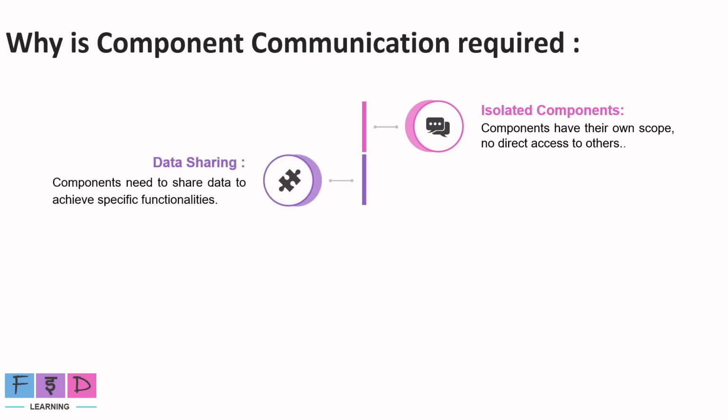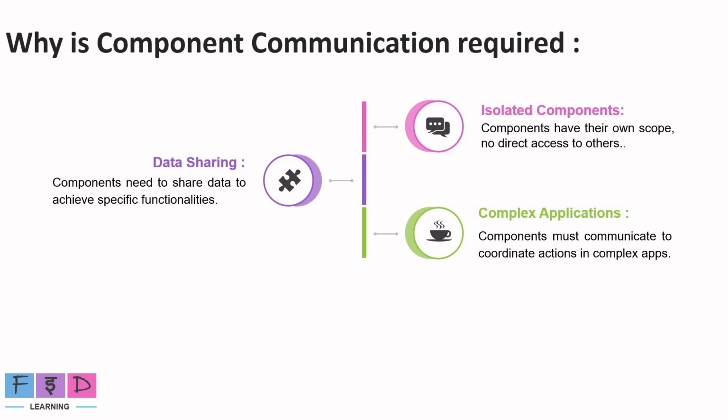Second, sharing data is necessary. In many cases, components need to share data or interact with each other to achieve a specific functionality. Next, component communication is necessary for complex applications. As applications grow in complexity, components need to communicate with each other to coordinate their actions and share data.